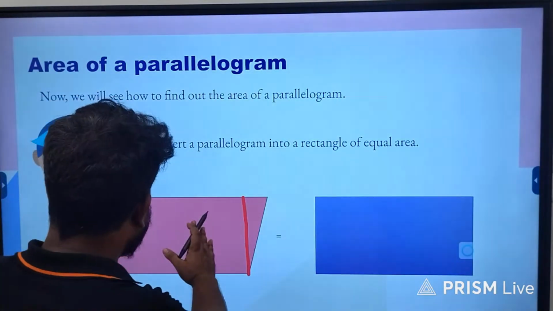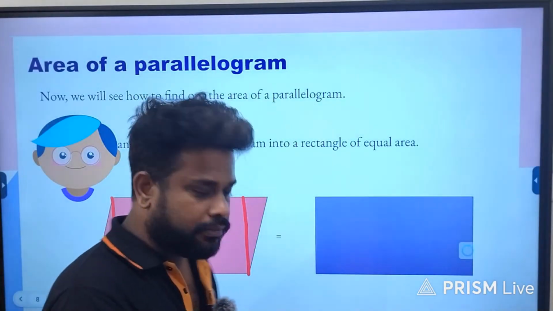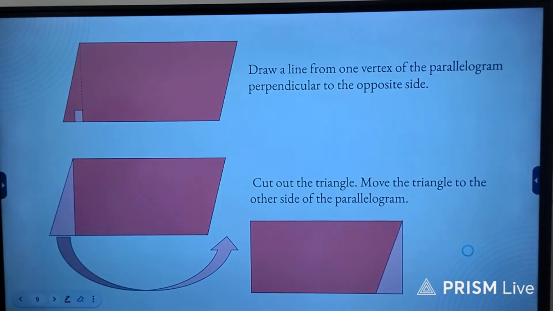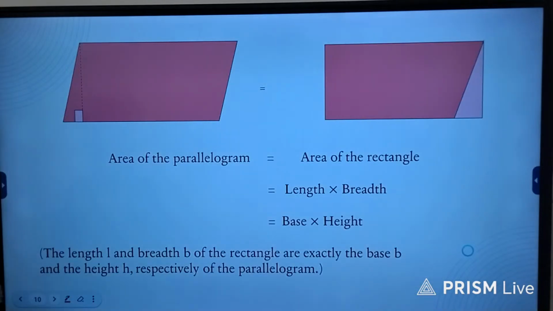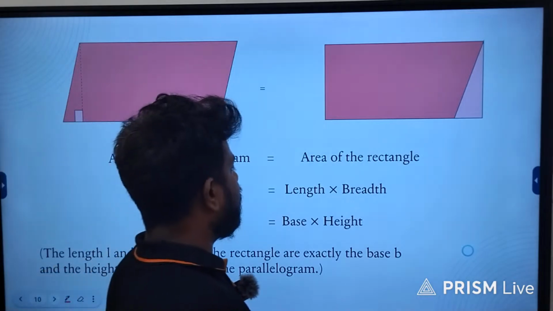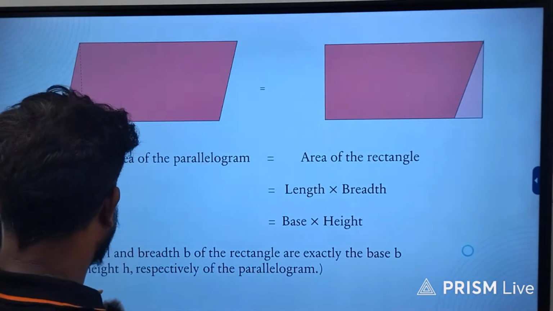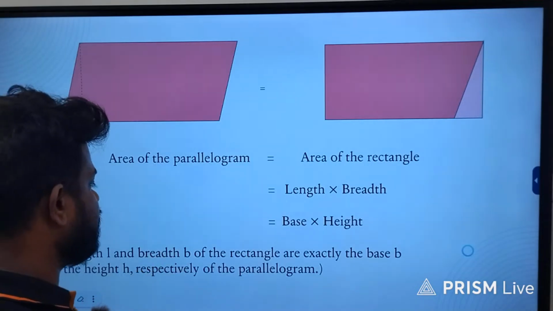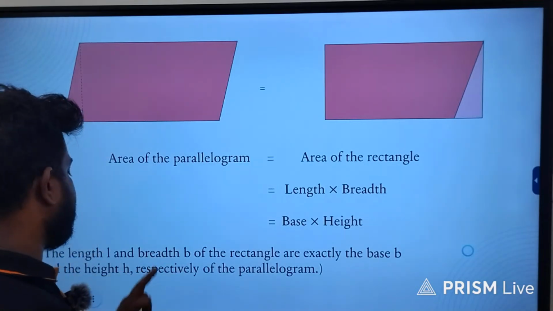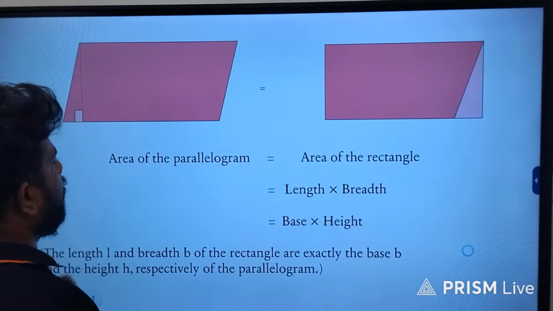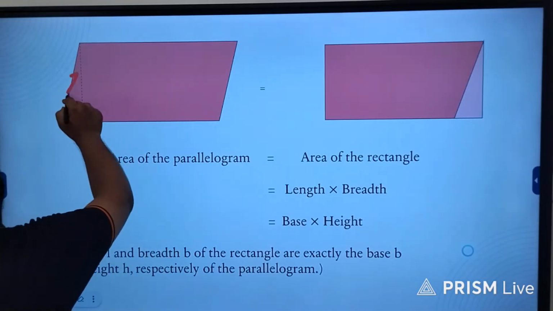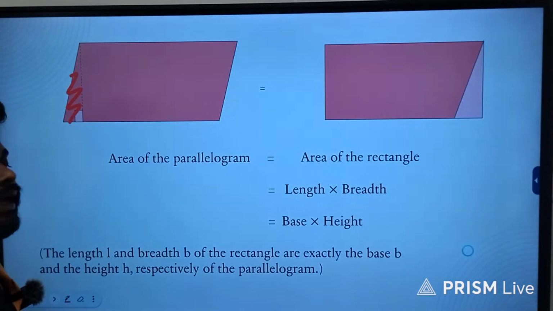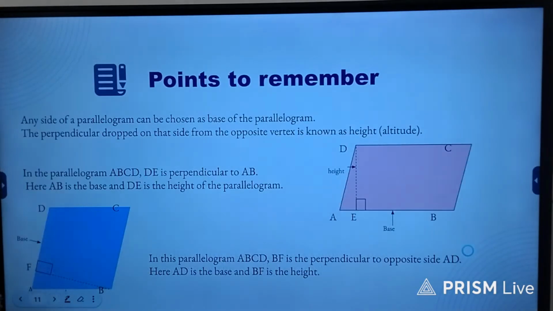Then it will be turned into a rectangle, just like they have done it. So, the area of a parallelogram is the area of a rectangle, that is length into breadth. The length L and breadth B of the rectangle are exactly the base and the height H respectively of the parallelogram, and this part will be turned into a right angle triangle. We will discuss this later in upcoming slides.